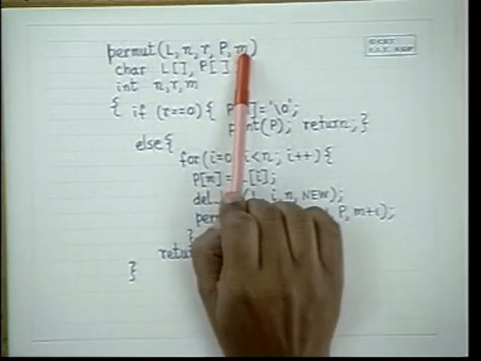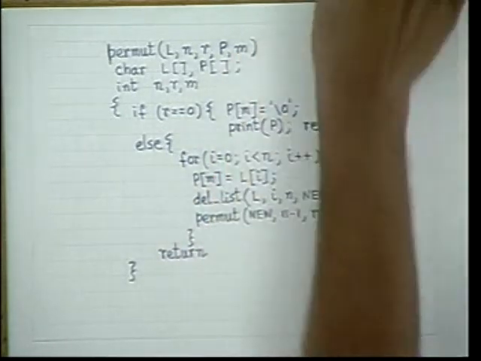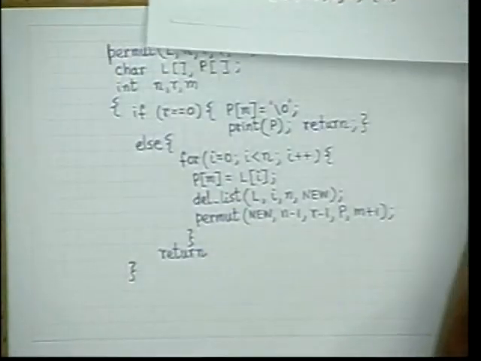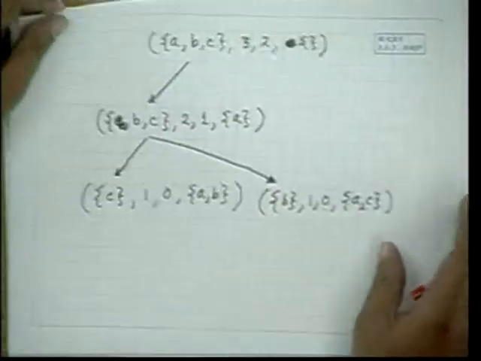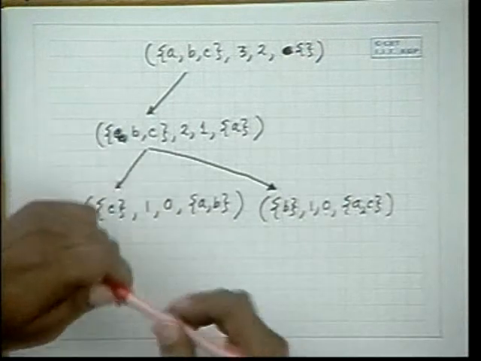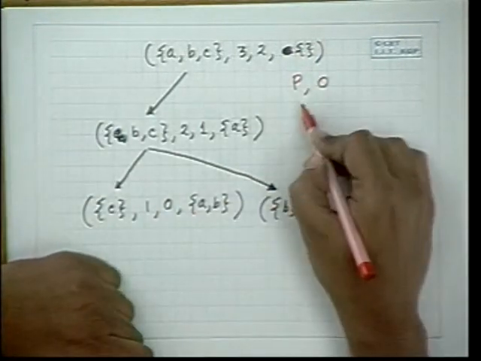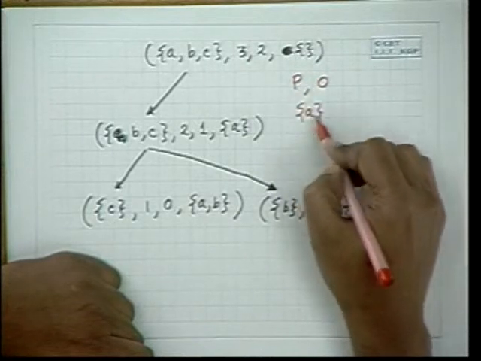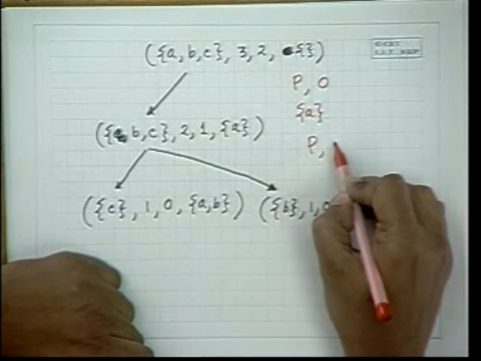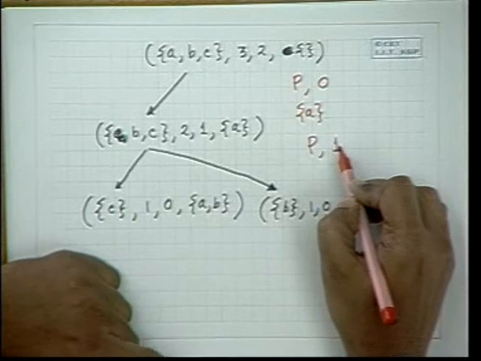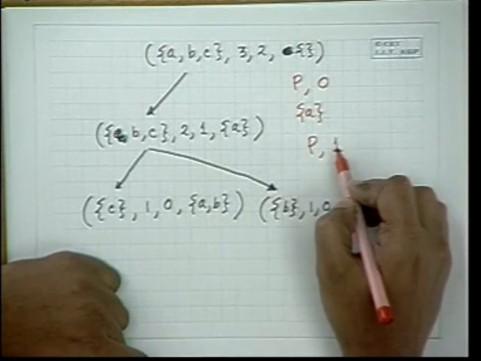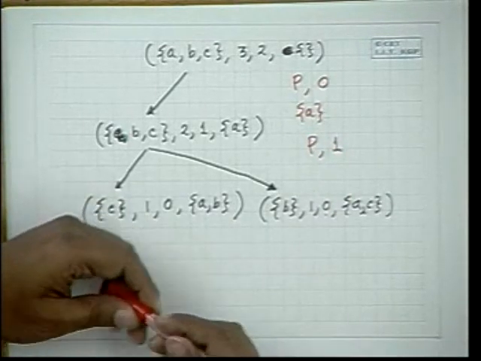That is, you will initialize M to 0 and call it. To indicate that this is null, we will pass P 0. If this is A, we will pass P with 1, saying that if you want to insert another element, you insert it at the next position. Okay.